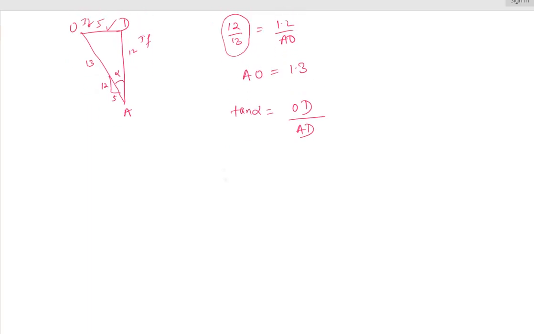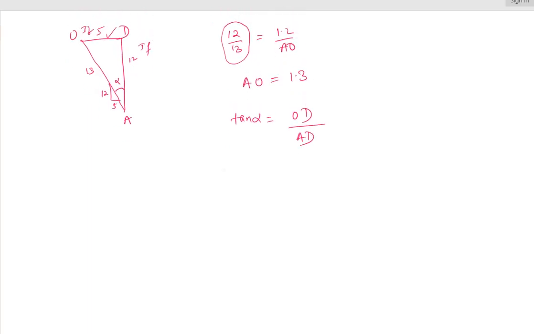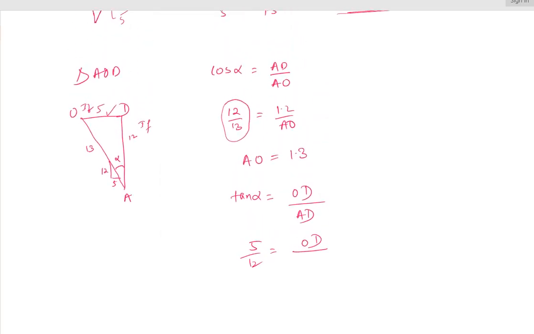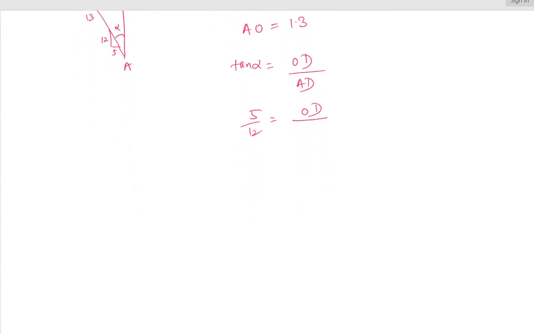Tan alpha ratio in this triangle would be 5 over 12, and OD is what we need to find, and we know AD is 1.2. So OD would be 0.5.